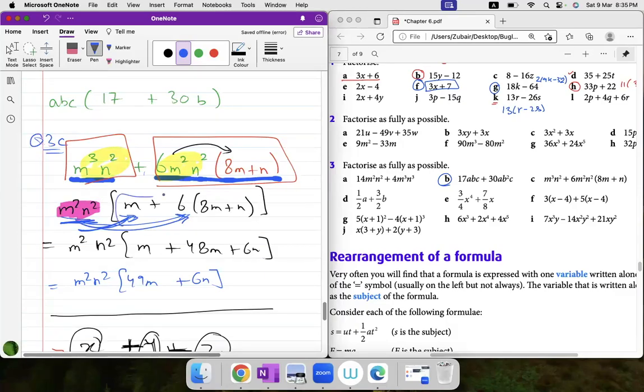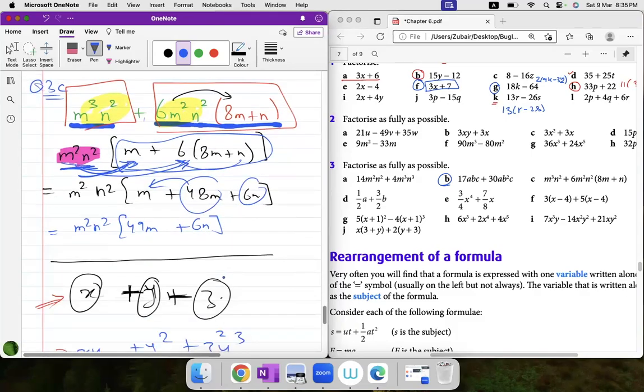Now inside the bracket, because of taking out common, these were a little lesser in size, and were easy to handle. So 6 8 times is 48 and 6n, and then just simply added them. And now I cannot see anything common in these two. So this was my last step.